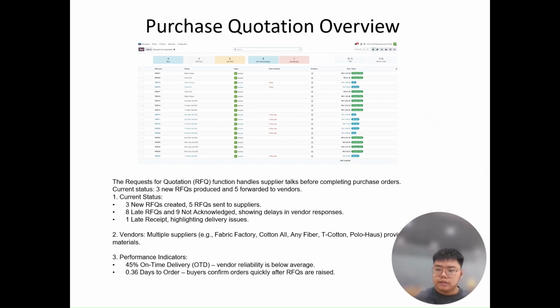Multiple suppliers, like Fabric Factory, Cotton Ore, Ernie Fiber, T Cotton, and Polo House, provide different fabrics and materials. The third is the performance indicator. The on-time delivery percentage shows vendor reliability is below average. And we have 0.36 days to order, meaning the buyer confirms orders quickly after RFQs are raised.